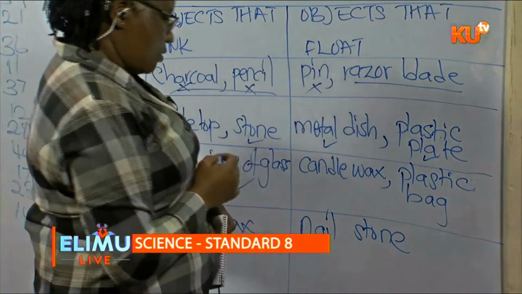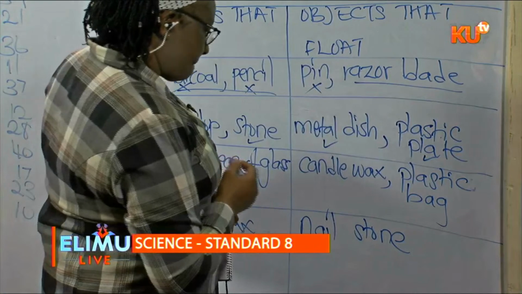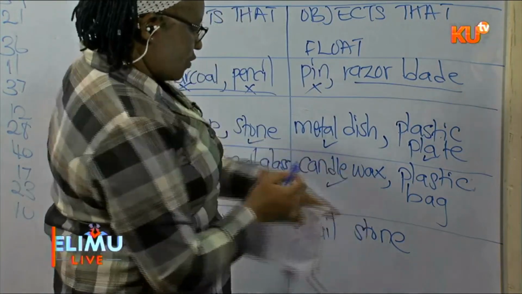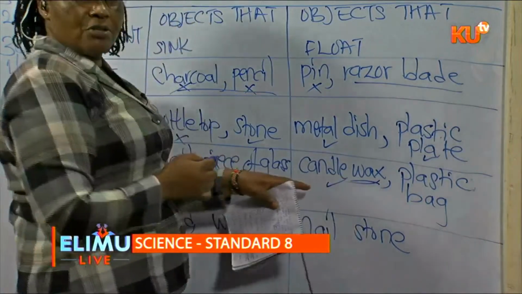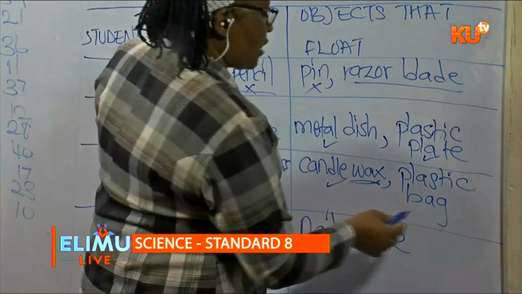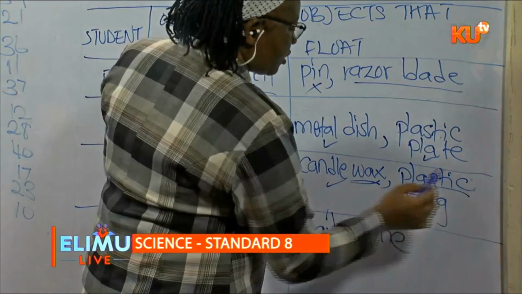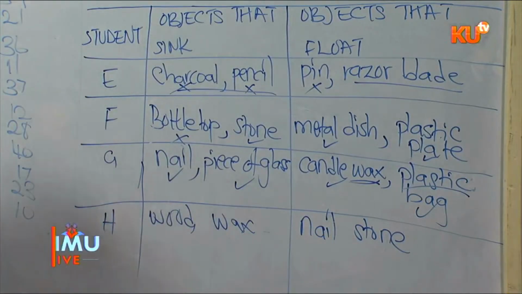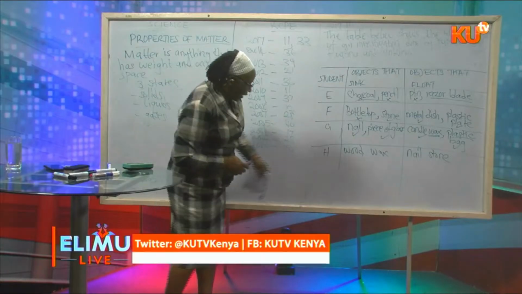Then we move to candle wax. Candle wax is a floater because of the material. Wax usually floats, whether it is big or small. Then we have plastic bag, it floats because of the material. So that question is correct, we move on to H.